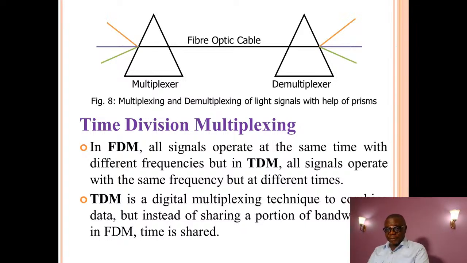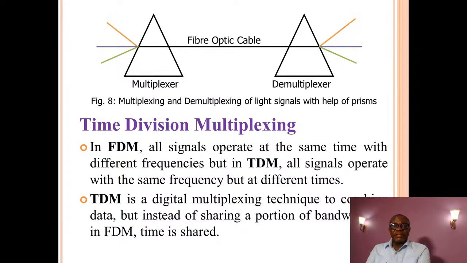Get it very well. In FDM, we've seen F1, F2, F3 to Fn. In other words, the frequencies are different. But in the TDM, it is only one frequency, but you use it at different times. That is the time division multiplexing.